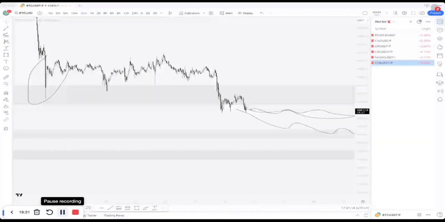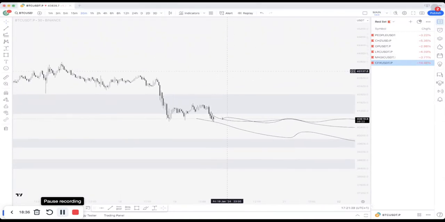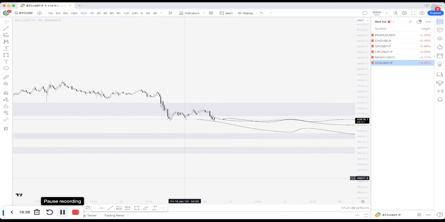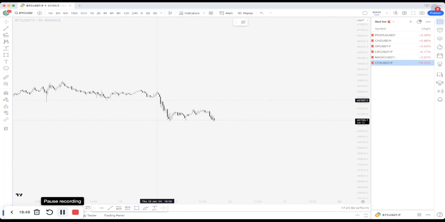Here we go. So this is the 30 minutes, because that's the time frame we are on Excel charts. And we can see this here, we have displacement, consolidation, and displacement, right? So let's remove everything and mark this out as a supply, and also this, because it's the exact same thing, right?